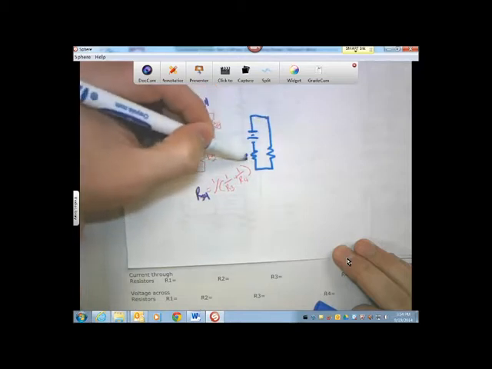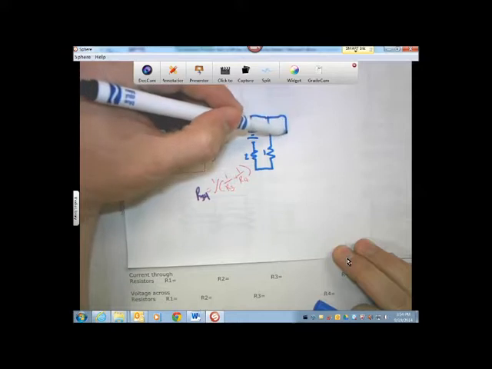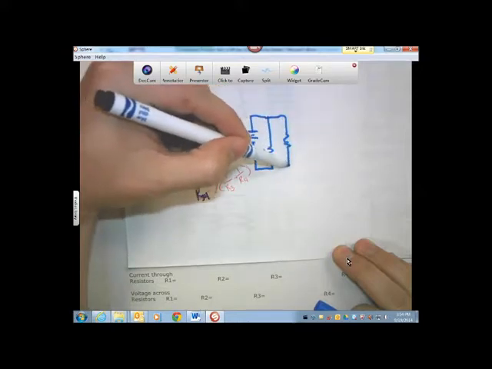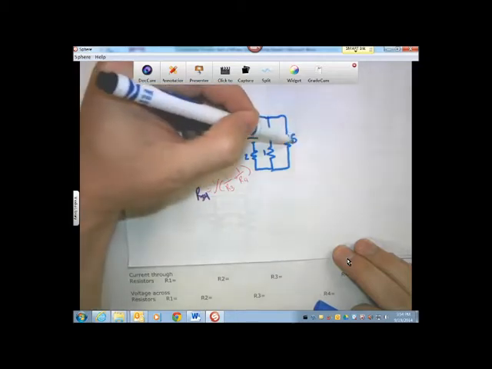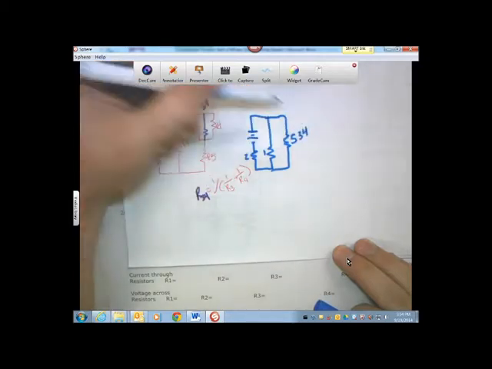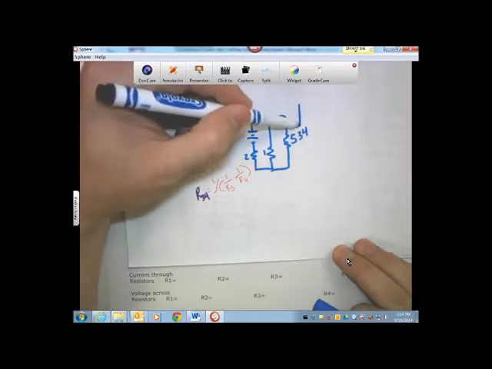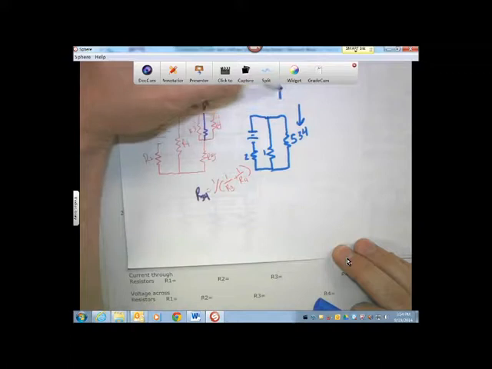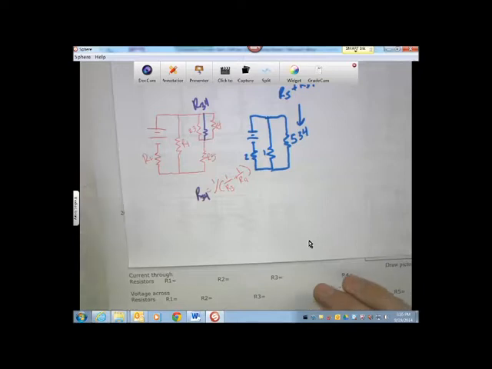We have R2, R1, and R5,3,4. That there is equal to R5 plus R3,4. Or if you wanted to write it out the other way, we could write it out as we did in class.